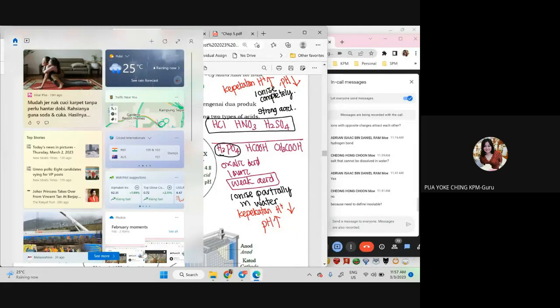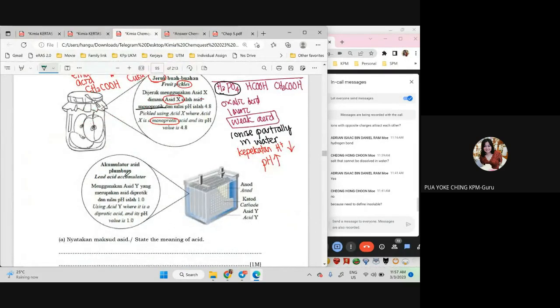And then next, acid plumbum, lead acid accumulator, ataupun this is car battery. Kalau car battery, acid yang kita pakai mesti H2SO4. Kalau dia H2SO4, dia adalah diprotic acid. Kenapa dia diprotic? Sebab H2SO4 larut dalam air akan dapat H+ dan SO4 2-. Dan saya akan dapat 2 H+.